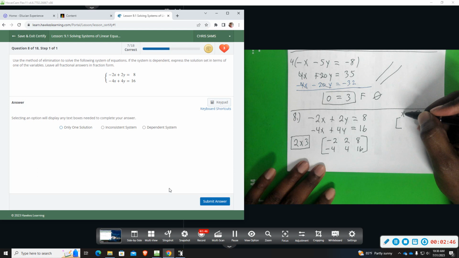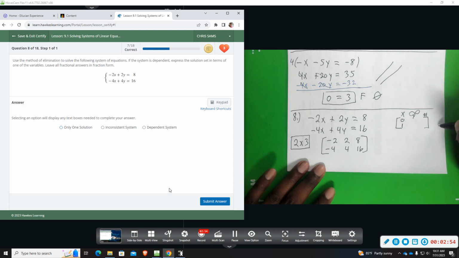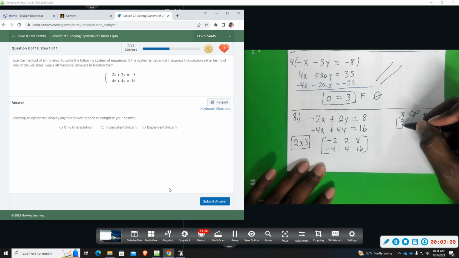So if there's one solution, you're going to see 1s down the diagonal.